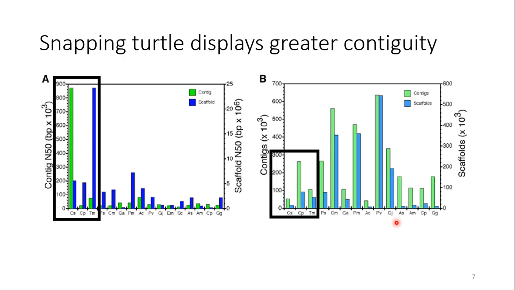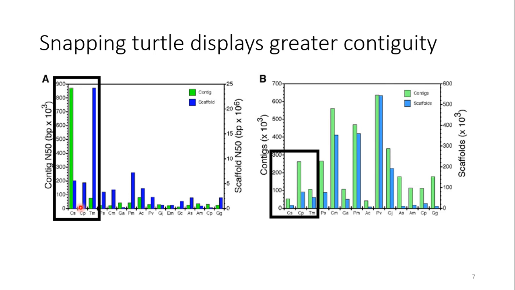The snapping turtle displays great contiguity. Here we can see that the snapping turtle genome displays great contiguity among the most often published reptile genomes.